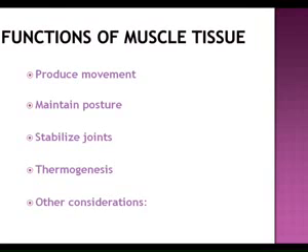Other considerations, which is not in the textbook, surprisingly, or not surprisingly, is that muscle mass, skeletal muscle mass, is one of the prime indicators of absolute whole body health, meaning your immune system. If you have no muscle mass, your immune system is basically shot, for the most part, right?